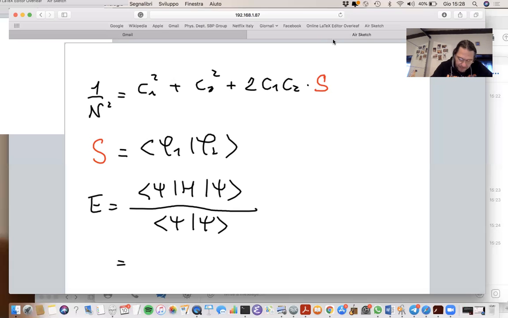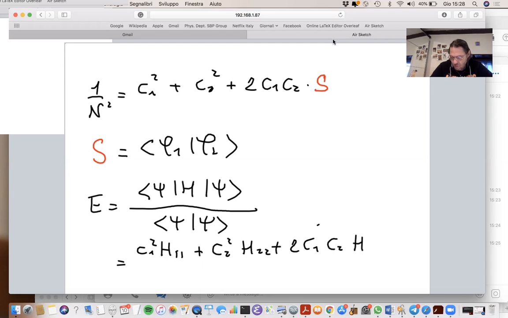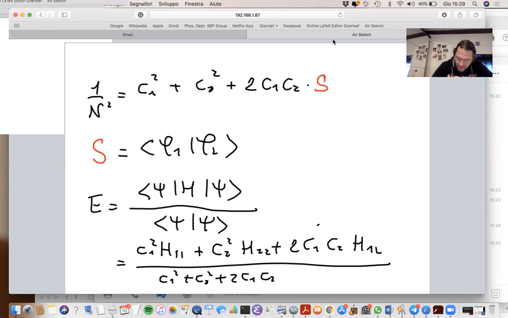So this will be C1 squared times H11 plus C2 squared times H22 plus 2 C1 C2 H12, divided by C1 squared plus C2 squared plus 2 C1 C2 times S. Now I'm going to highlight all the terms in this expression that require an integral.